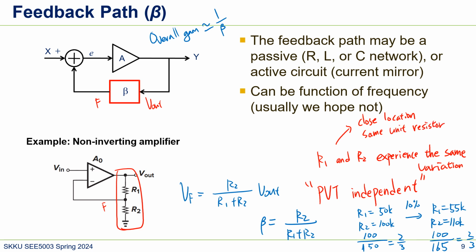It means that when you want to make 100K, you're using 10K units to make 100K, and then you also use the same 10K unit to make 50K. So they have the same unit resistor, and they just use multiple of them connected together. So the important point of this beta is that it is PVT independent.